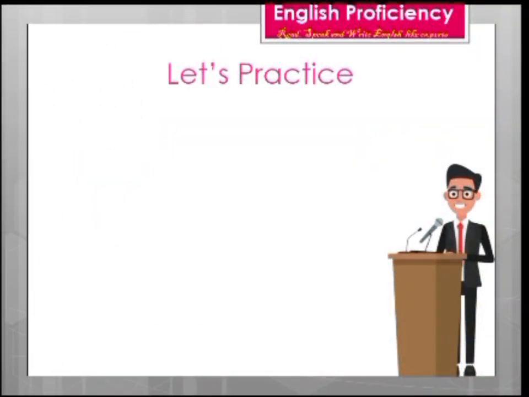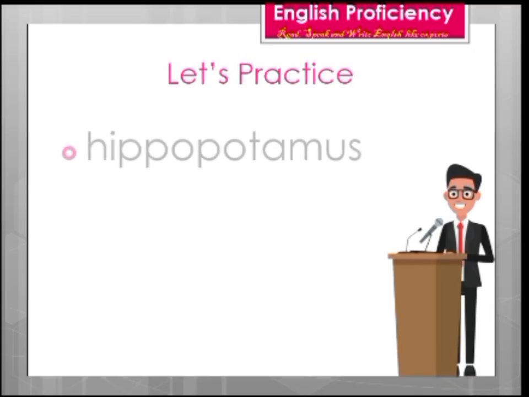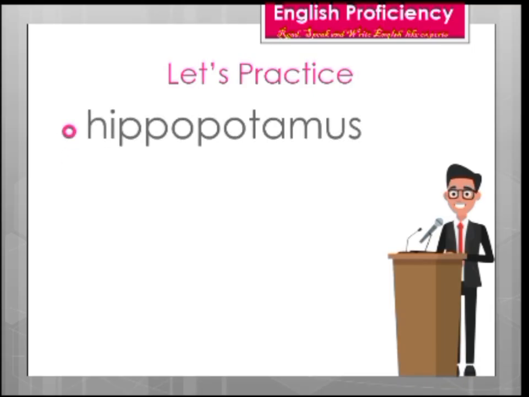So it has what? 3 syllables. Good. Now let's continue practicing. You have hippopotamus. As you can see, it's quite long, right? So how do you read this word? You break it into syllables.